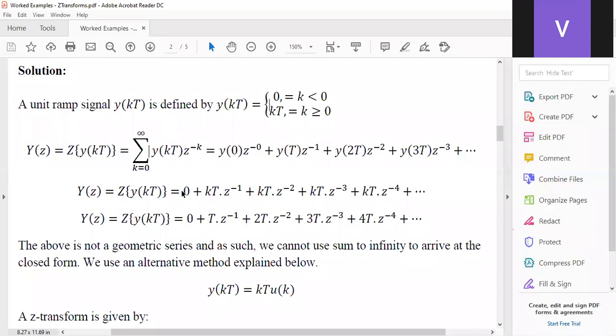So for this, remember that this is when k is equal to 0, this is when k is equal to 1, this is when k is equal to 2, 3, 4. So in place of k, we are replacing it with 1. K is 1 here, so you just have t here. K is 2 here, so we replace k with 2. K is 3 here, so we replace it with 3.